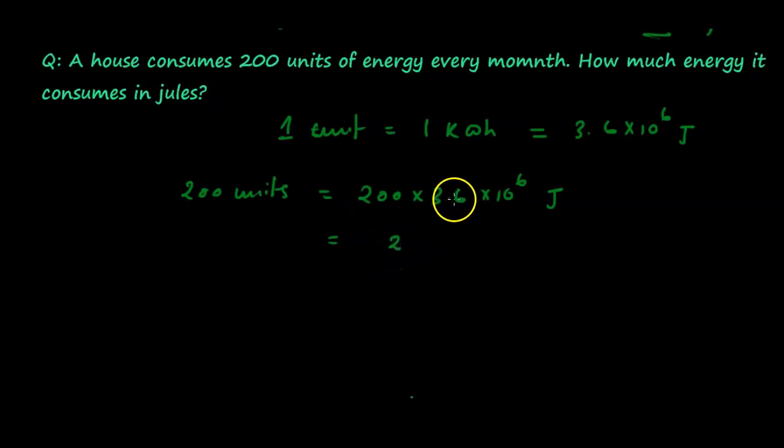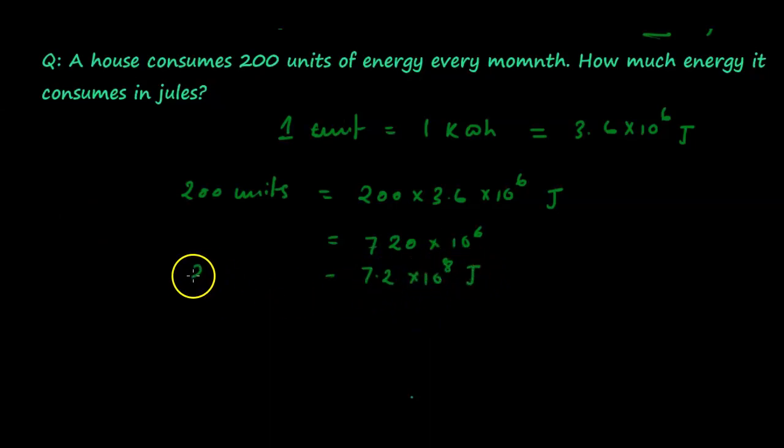2 multiplied by 3.6 is 7.2, and this will come with 10 to the power 8. So 720 it will come, and now we can write 7.2 into 10 to the power 8 joule.